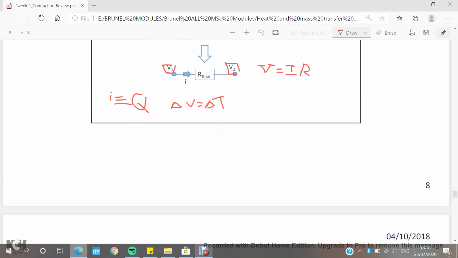So how can we write this in heat transfer, as a model for heat transfer? Delta V will be delta T, equal to Q times 1 over U, which means Q equals U times delta T. Correct?